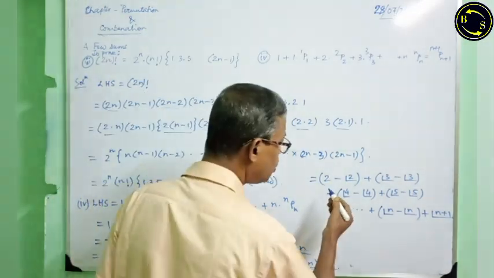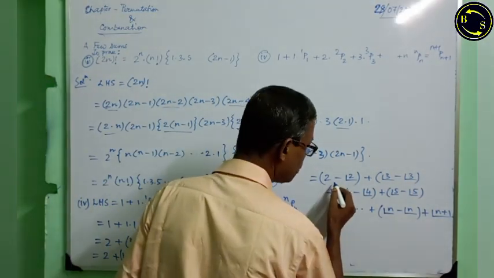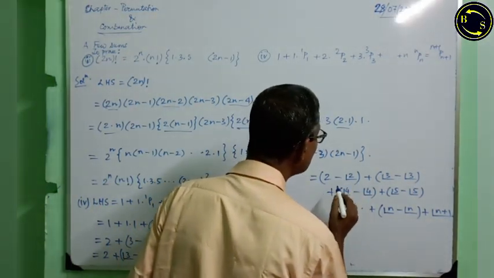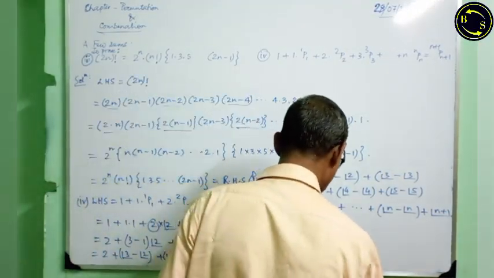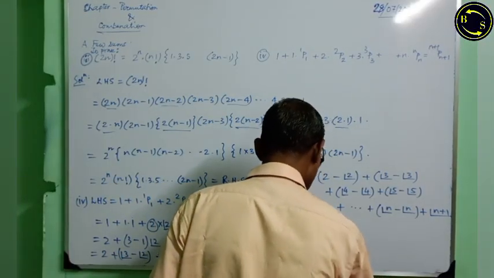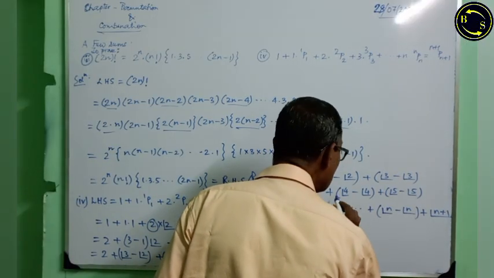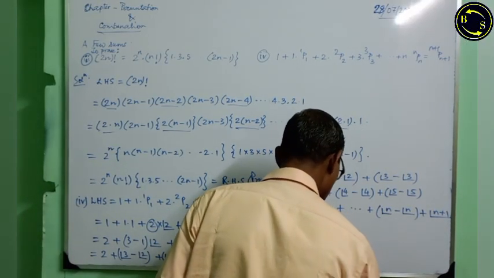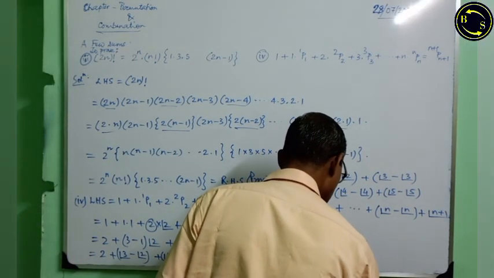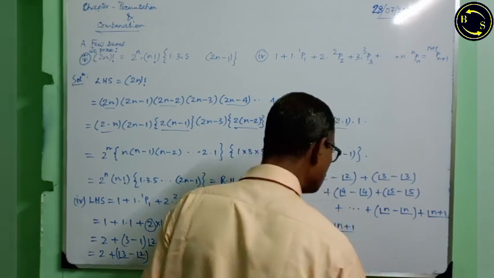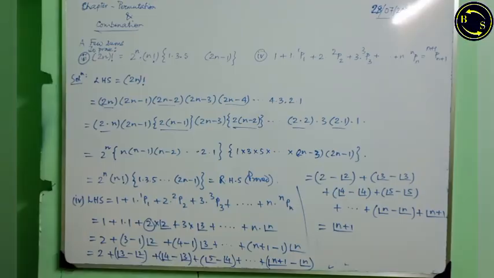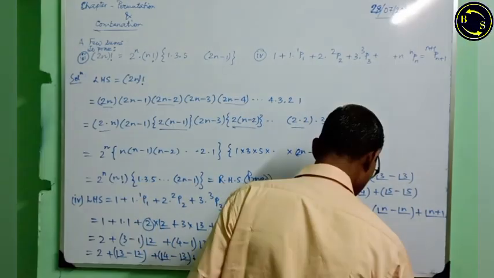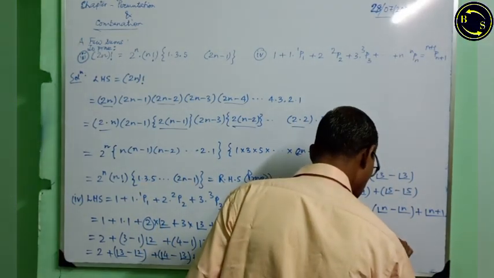Now, two numbers within the brackets will be cancelled for each group. Therefore, just this one will be there. Follow the technique. Therefore, we get the RHS part.